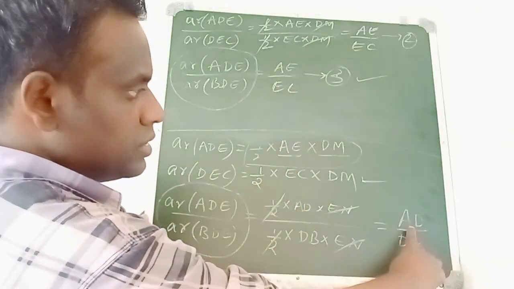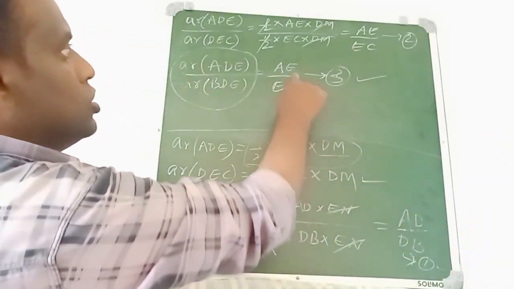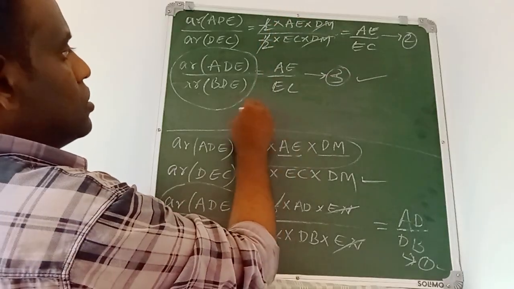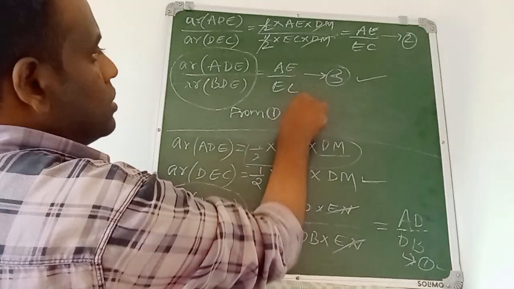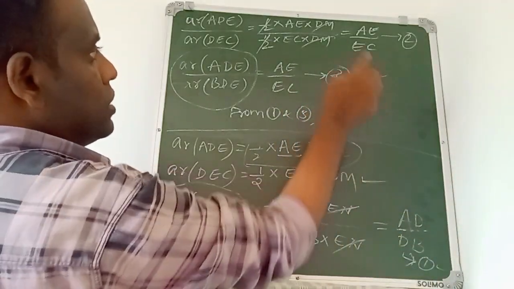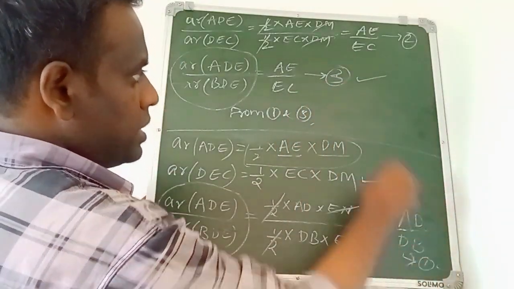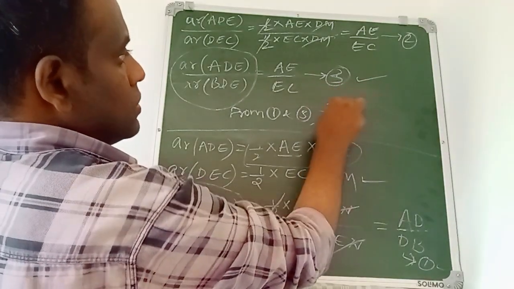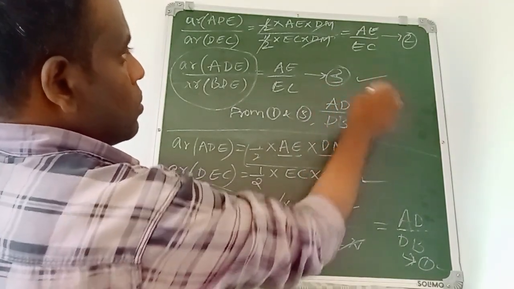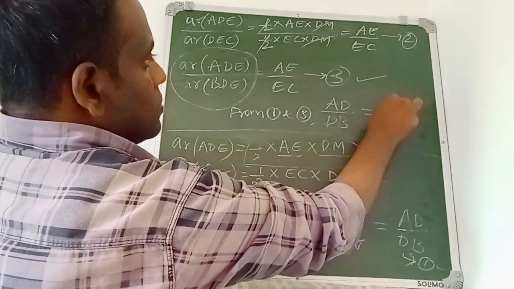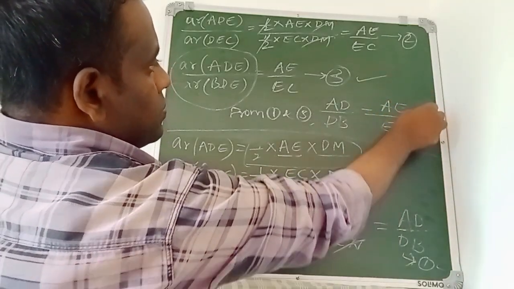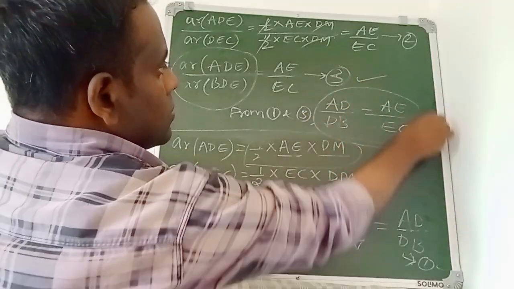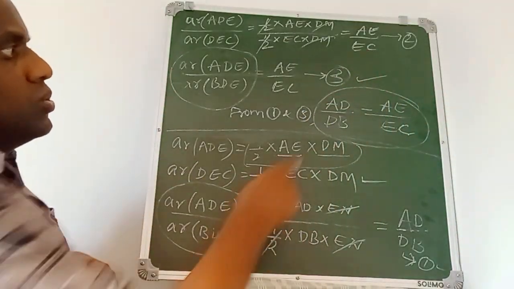That means AD by DB is equal to AE by EC. So from equations 1 and 3, we can write AD by DB is equal to AE by EC.